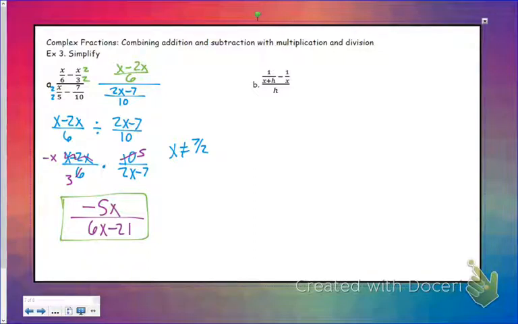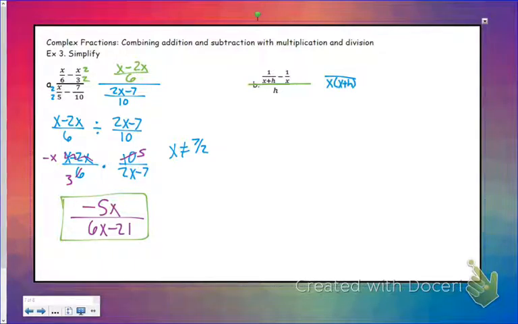All right, the last one we're going to look at kind of combines this all together. This is actually a format that you probably will see coming up in some of your future math classes. But we're going to solve this the same way. I'm going to look at just the top of this fraction, and I am going to combine these two fractions together with a common denominator. That common denominator is going to be x times x plus h.